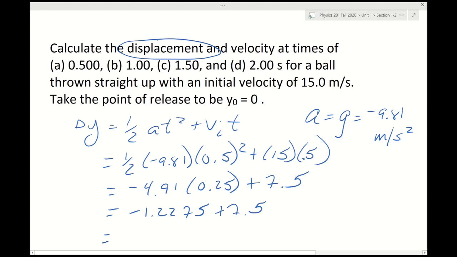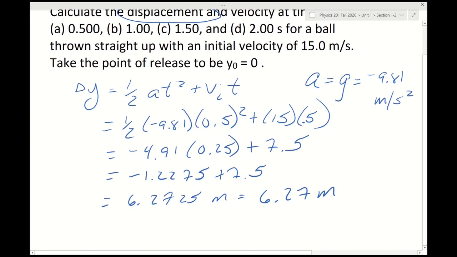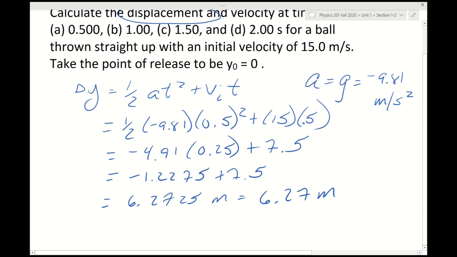So this gives me a value of 6.2725 meters. Since we're looking at 3 significant digits, that's 6.27 meters. That's how high it is at a half second.